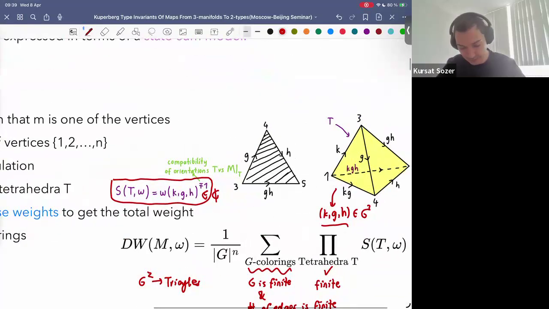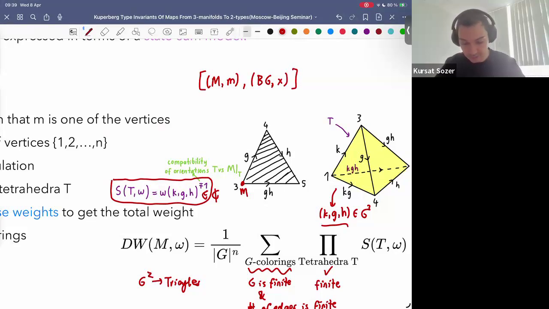Oh yes, you can think of it this way. You consider the classifying space of this group as a CW complex, the K(G,1) space, and you pick a base point, and then each labeling indeed corresponds to a pointed map.